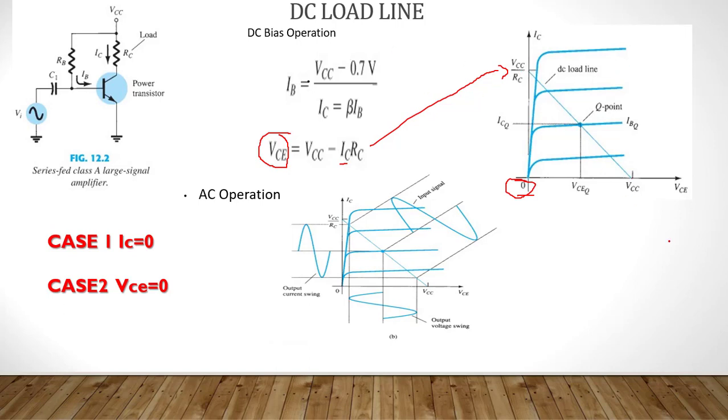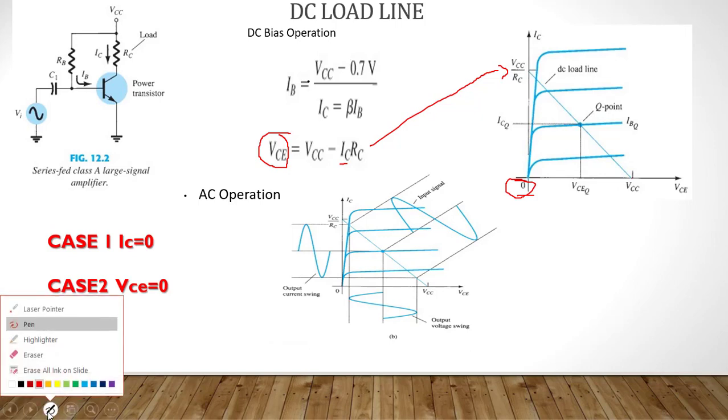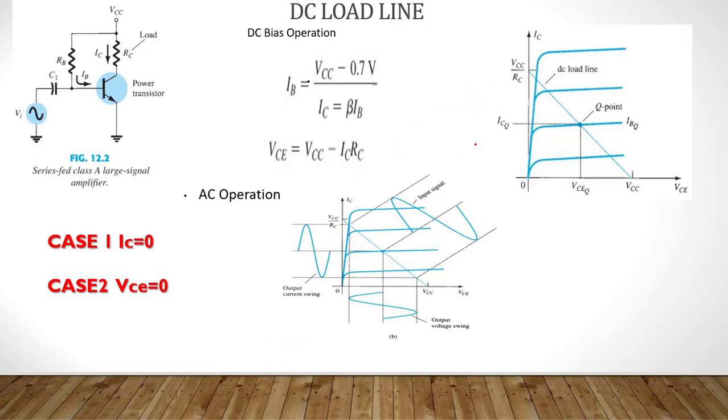Now in this load line, I have three portions. What are the three portions? One is maximum, one is minimum, one is middle. This point I am calling the maximum one. ICQ is the middle point of this load line, which we call the Q point, the operating point of the transistor.